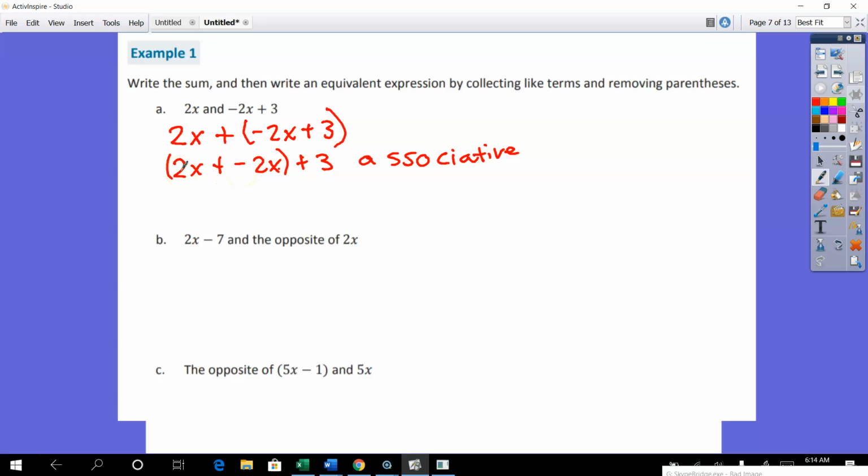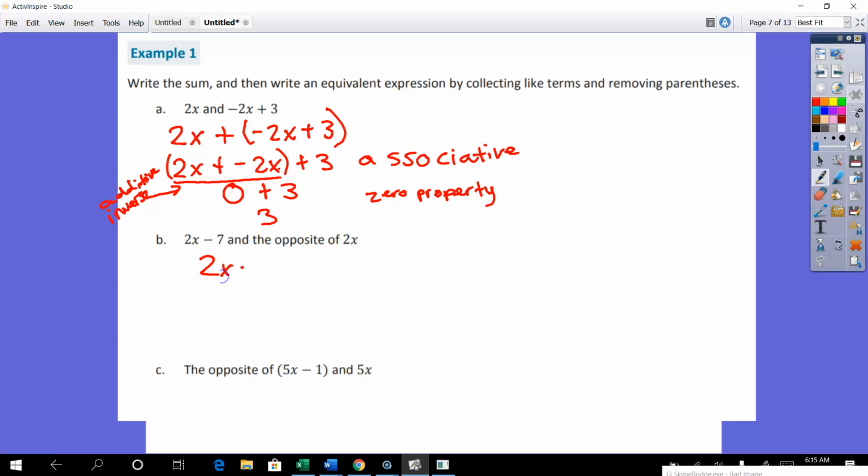Okay, so the positive 2 and the negative 2 is equal to 0 plus 3. So these were additive inverses. Then this 0 plus 3 is that 0 property. And so our answer is 3.